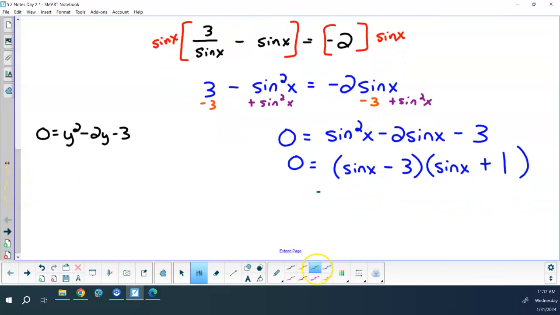Now I can set those equal to 0 and solve, giving me that.